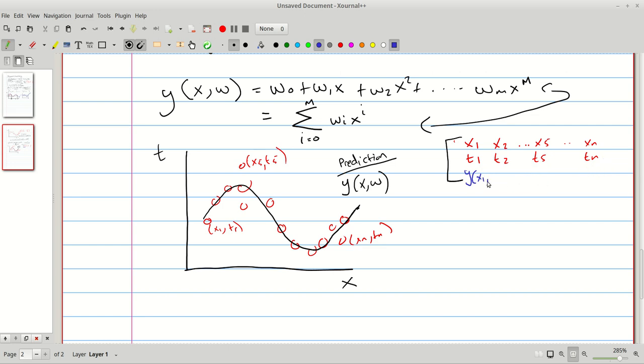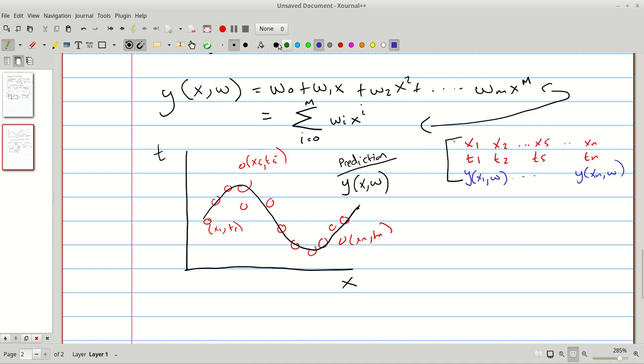It should be y of x1 comma w up to y of xn comma w. So this is what we have. So what is this y representing? So we know that we want t1 minus y of x1 comma w to be as small as possible. This is kind of what we're minimizing.